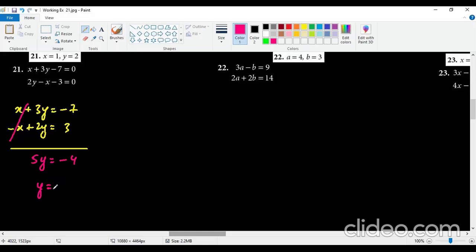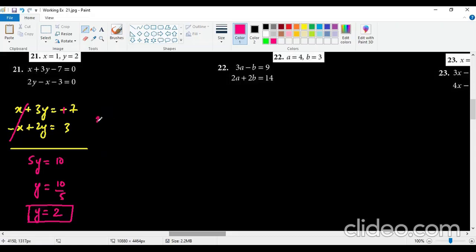For 21, it is a positive 7. So this is not negative 4. This is going to give us 5y equals 10. So y will be equal to 10 over 5, which is in turn giving us 10 divided by 5 is 2.